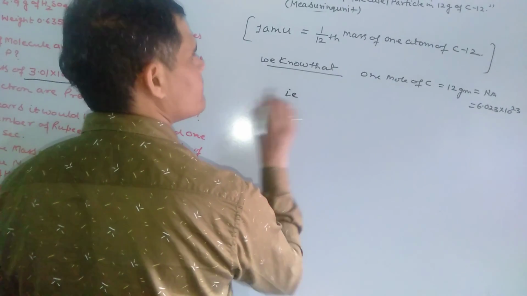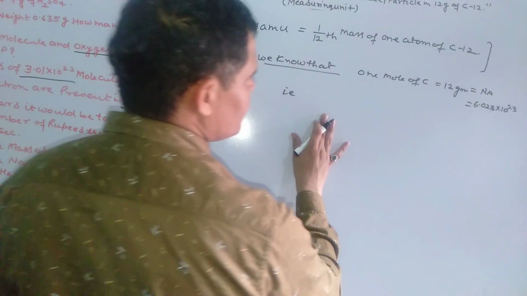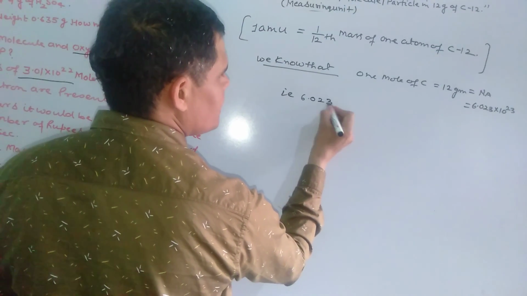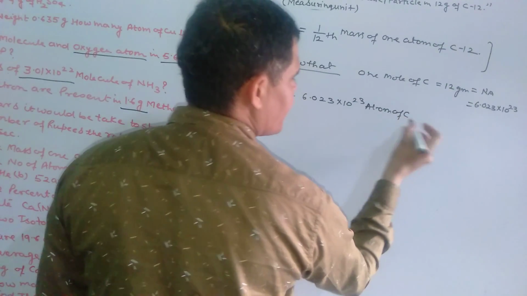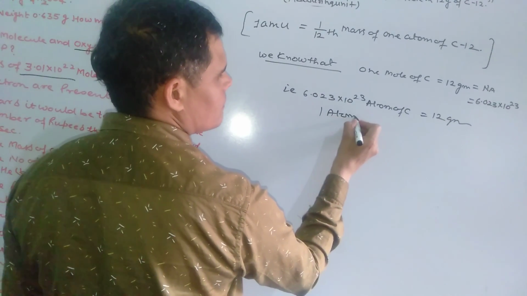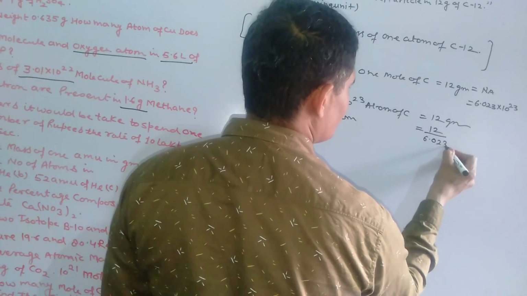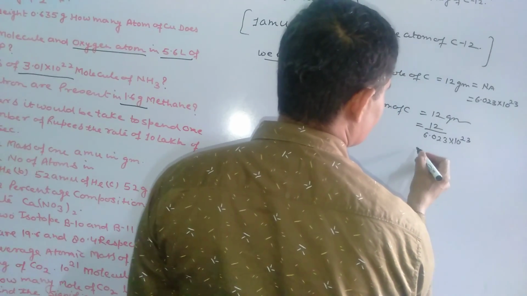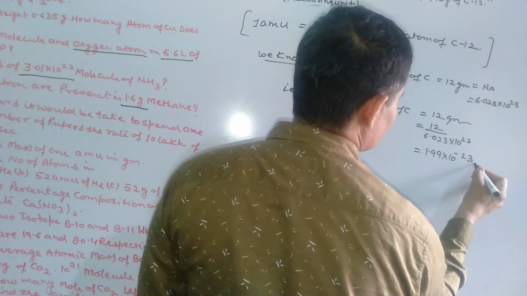It means 6.023 into 10 to the power 23 atoms of carbon have mass 12 gram, and one atom will be 12 upon 6.023 into 10 to the power 23, hence it will be equal to 1.99 into 10 to the power minus 23 gram.